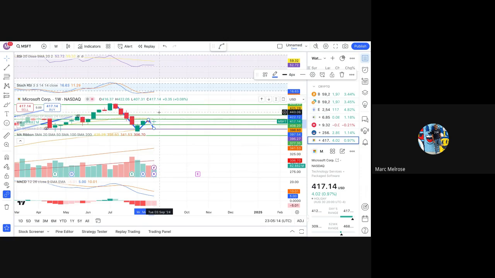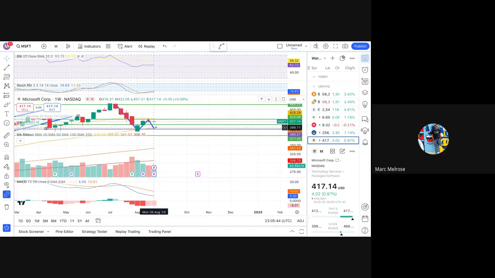And I wouldn't even worry about this second resistance I drew. But I'll be looking to have my target prices at about 463, but I would bring it down a little bit to about 450, 453 would be my target price, but I'm holding this stock until I see it test the 463, just in case you're doing options because of time decay. But it basically looks like it's making the double bottom.